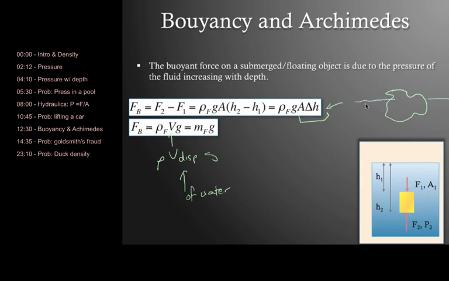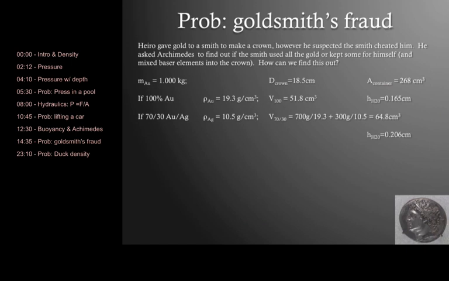This is actually pretty complex, but where it becomes simple is that this buoyant force is equal to rho of the fluid times the volume of the displaced fluid times g.